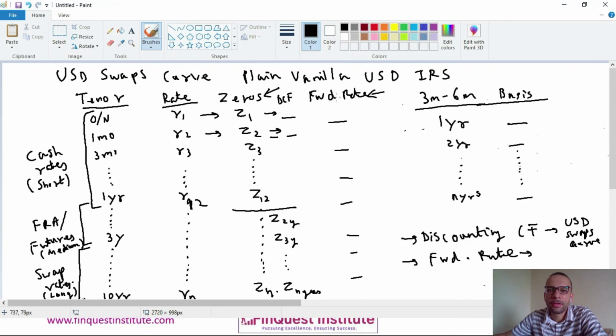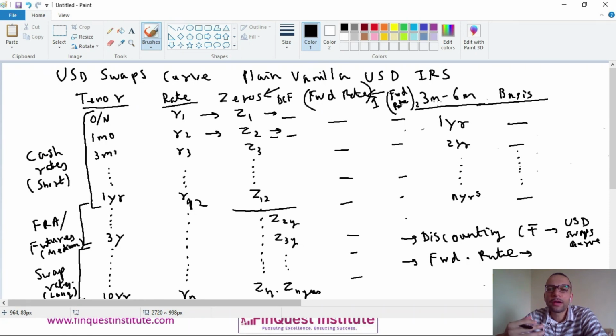Let's call this forward rate 1, which is based only on your USD swaps curve. And next, let's call something forward rate 2, which will be based on your basis adjustment. In case you have a swap which requires semi-annual payments, you'll use this basis adjusted curve to calculate forward rate 2.